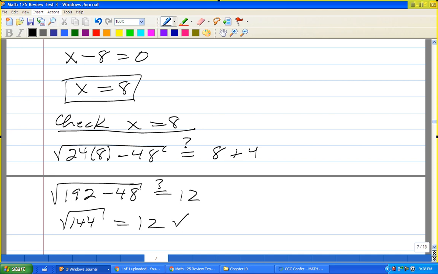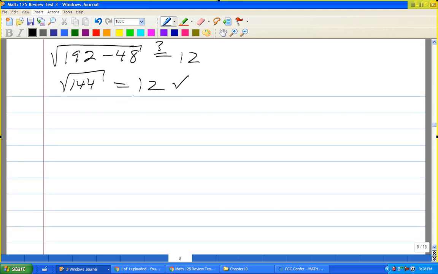Let me do problem number 40. X minus radical 24x minus 24 equals negative 5. Okay.